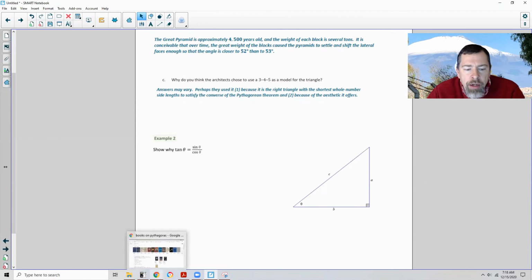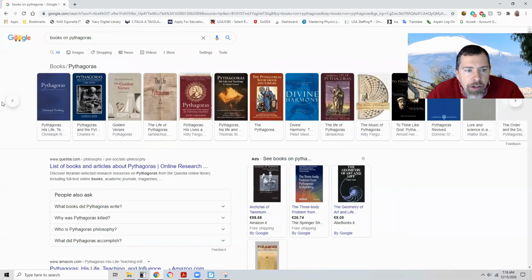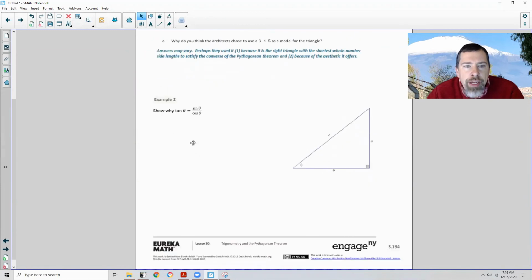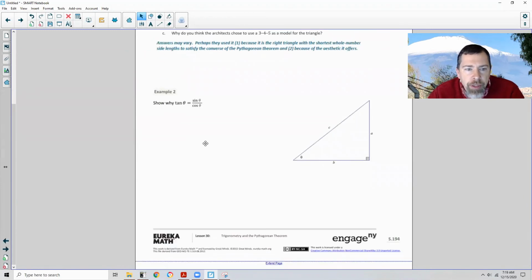Years and years ago, when I was in college, I had to read a book about Pythagoras. He's a Greek philosopher from the island of Samos in Greece. There are all kinds of books about him. I highly recommend them if you want to read more about this pretty interesting dude. That would also possibly give you some solutions as to why they used the 3, 4, 5 right triangle way back 4,500 years ago.